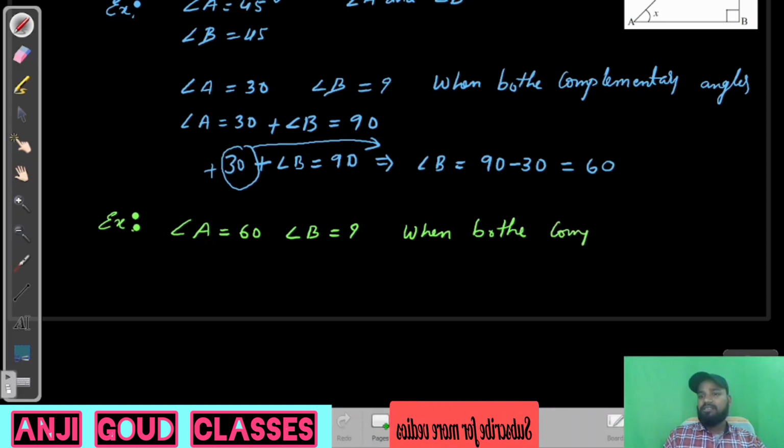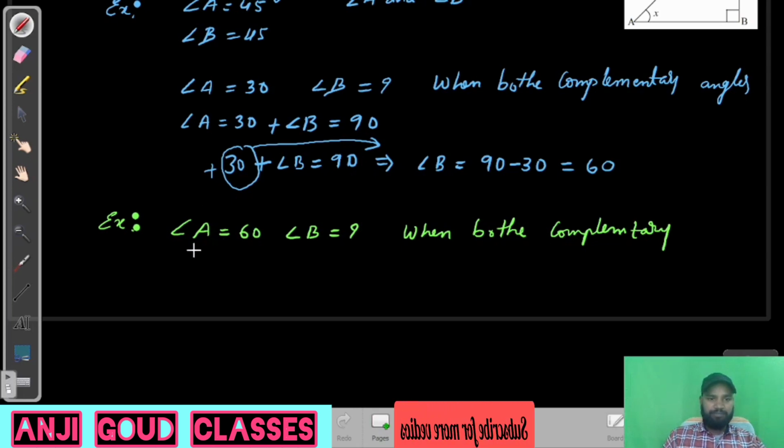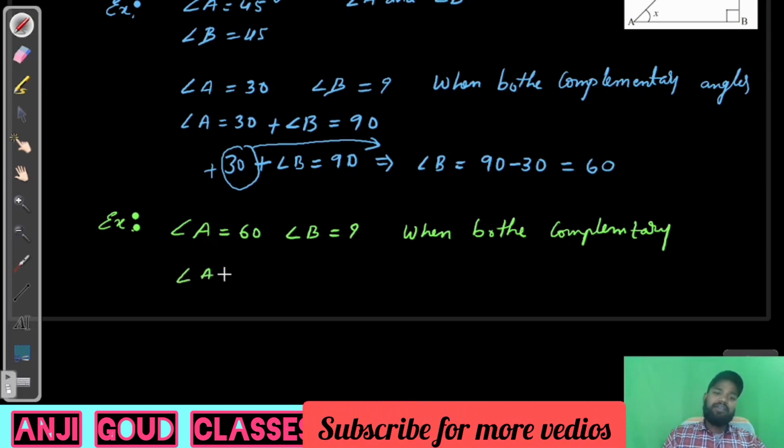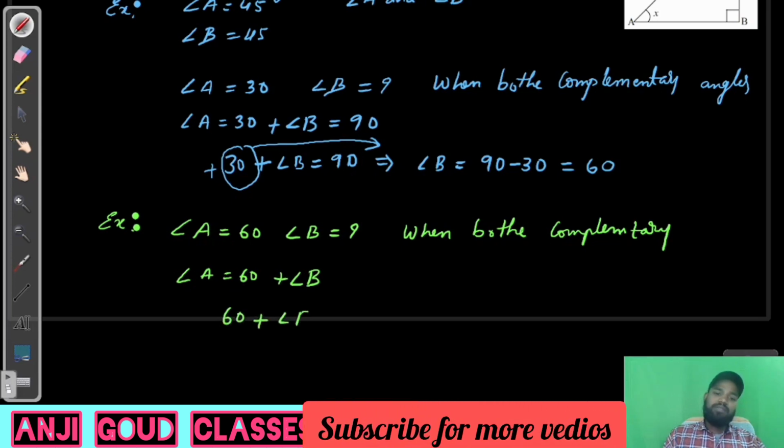You simply have to remember that the sum of the angles must be equal to 90. So angle A equals 60 is given, and you should find angle B. That is 60 plus angle B equals 90.